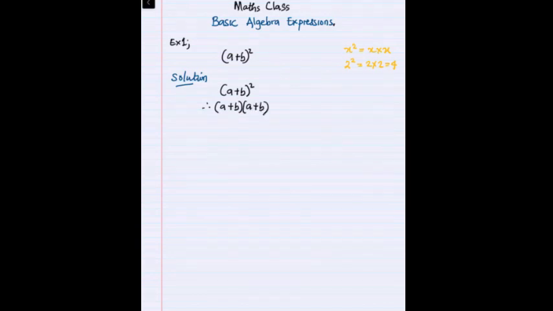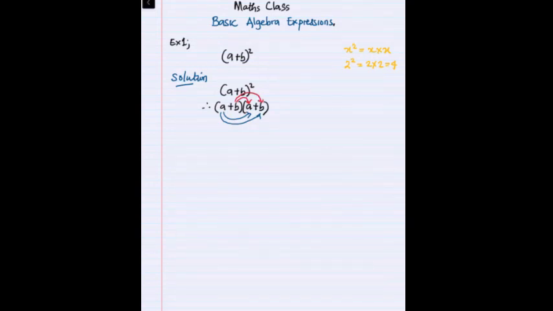Now, to simplify this further, this a will be multiplying a, correct? And this a will multiply b. At the same time, we use b to multiply a, and likewise we use this b to multiply the second b.